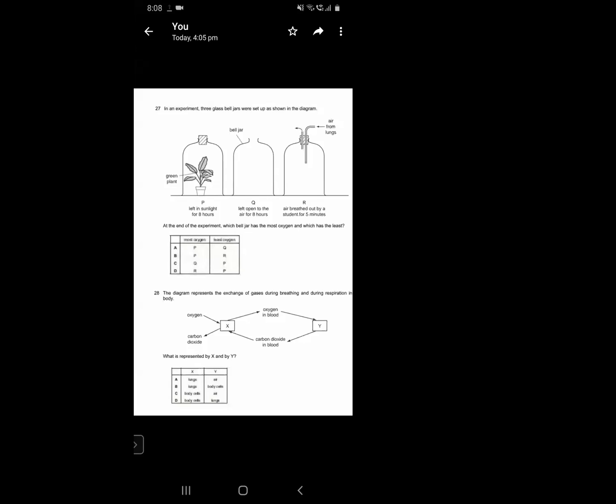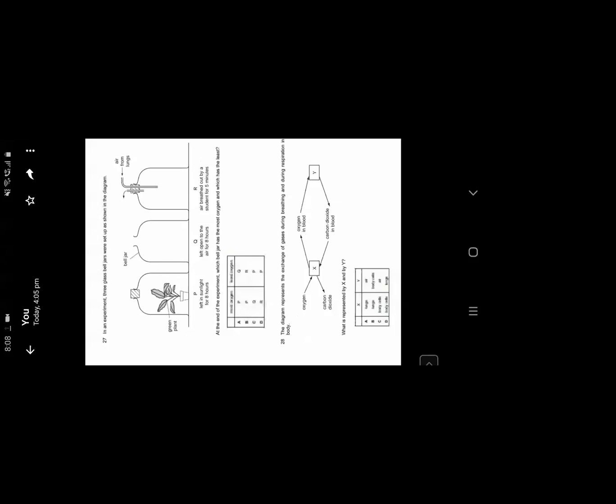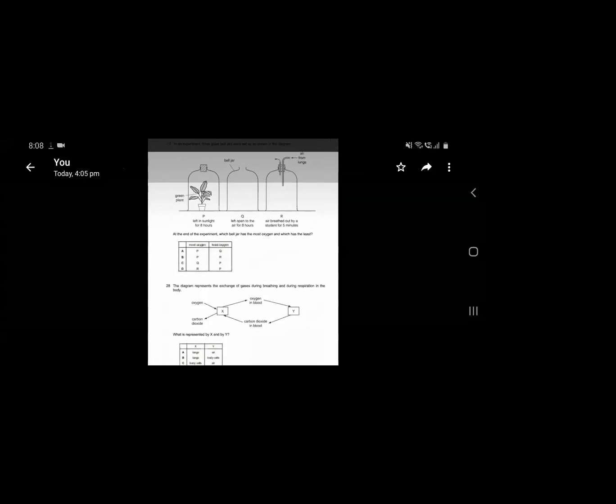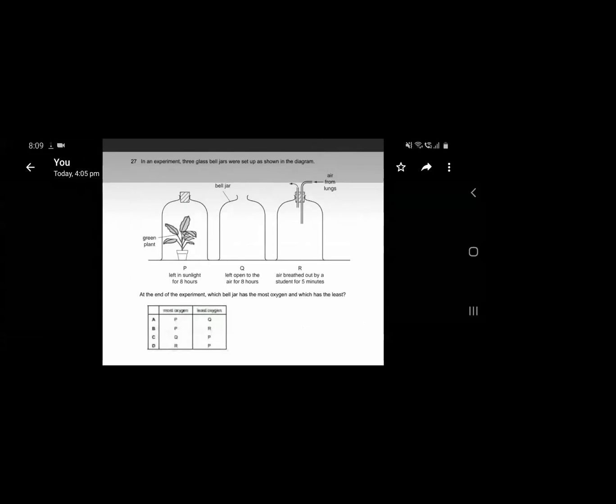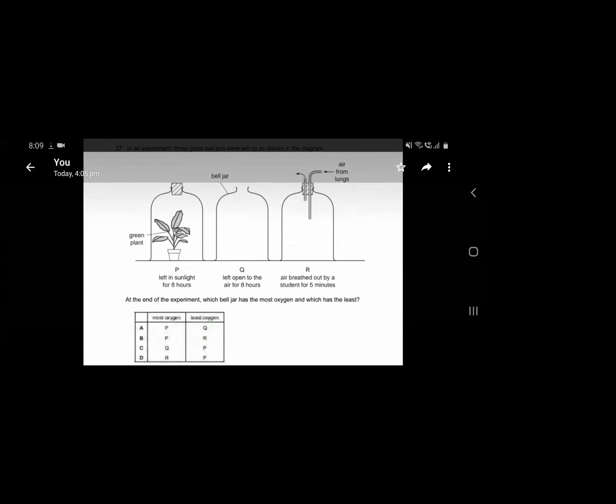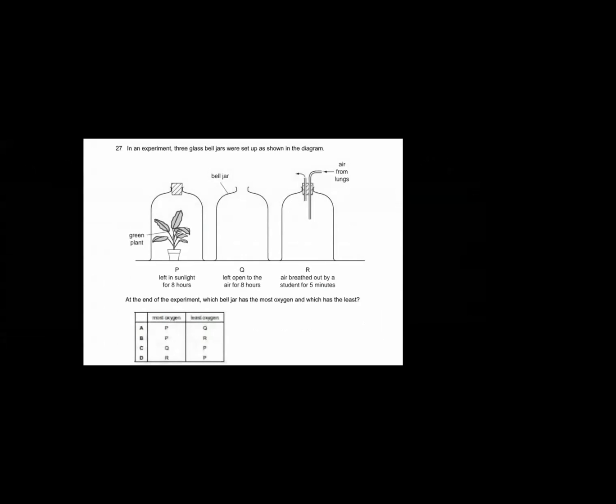See, least oxygen, right? Now there are three jars. Let's talk about them one by one. Jar B has been left in sunlight for 8 hours, right? So now the green plant is photosynthesizing, and in sunlight, the rate of photosynthesis would be more than respiration. So you will have the most oxygen in jar P. In Q, oxygen will be higher than carbon dioxide, but oxygen will be least in R. Why?